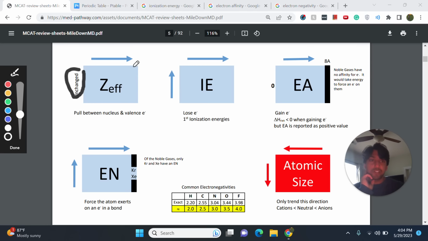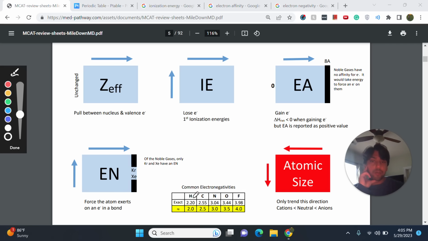Okay, the next thing to know is the common electronegativities, which you can figure out from HCNOF. If you remember HCNOF, it's because they commonly ask about these. You can figure out that they jump by 0.5 every time. So if you start at 2 and end at 4, you can figure out what these common electronegativities are. Remember, electronegativity is how much force the nucleus of an atom exerts in a covalent bond.